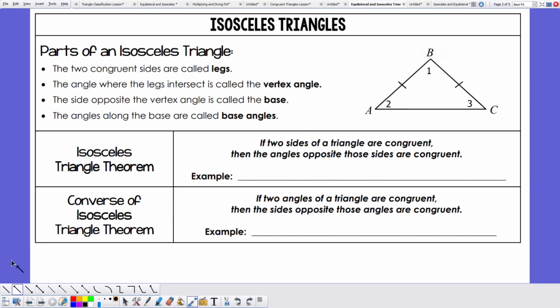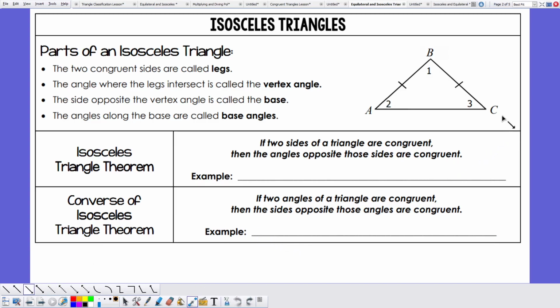Well, the way I always think about it is if I were to draw a line through an angle, let's say angle A, and we notice that that line going through the middle of that angle A crosses the side BC, which is one of our congruent sides. That means that angle A is opposite to BC.